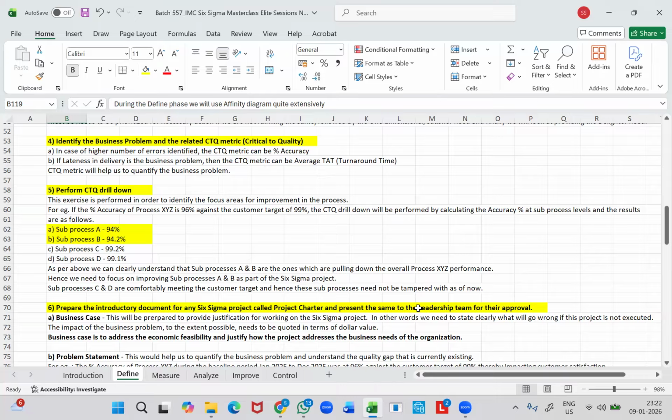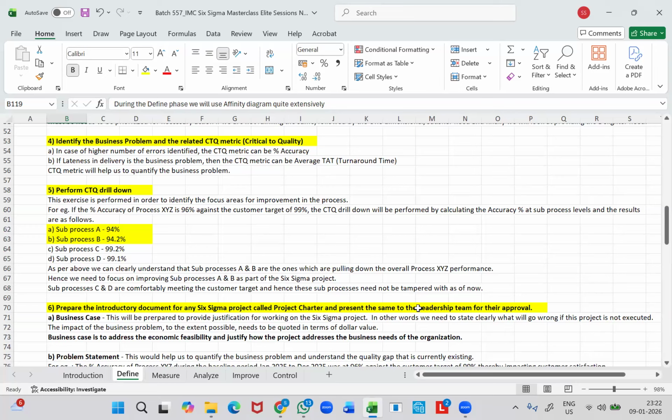So the impact of the business problem needs to be stated, to the extent possible, in terms of a dollar value. This is very, very important so that the leadership will be in a position to clearly appreciate the magnitude of the business problem.